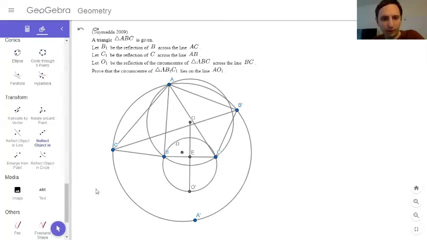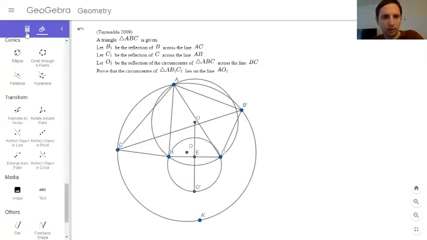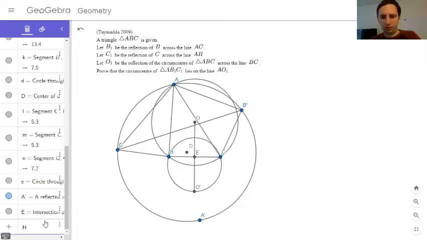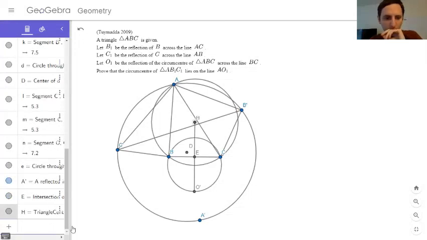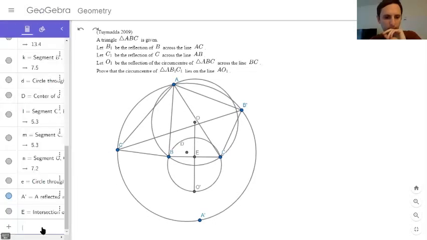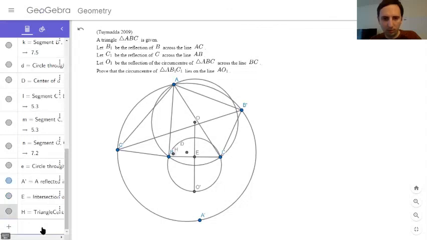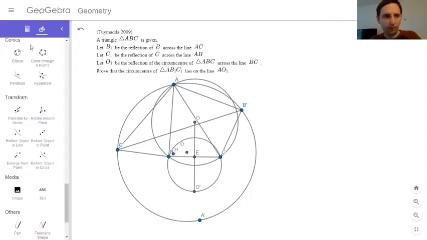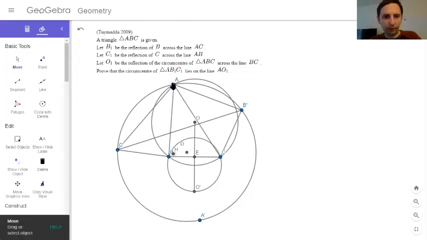Let me draw the orthocenter of triangle ABC. So the orthocenter and the circumcenter are isogonal conjugates, right?